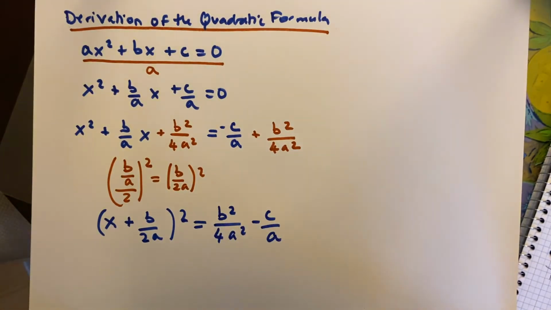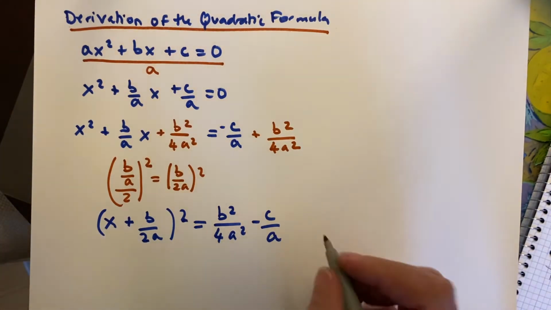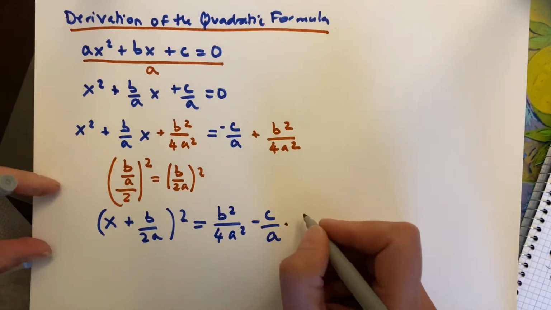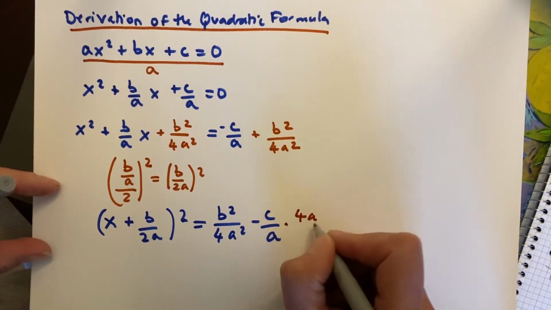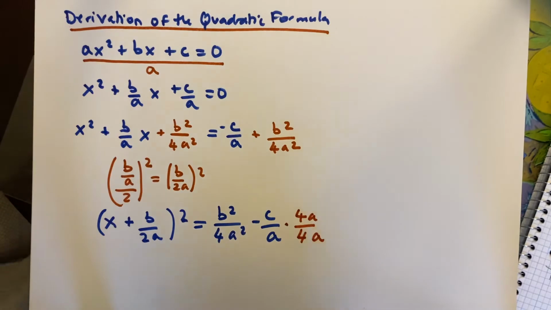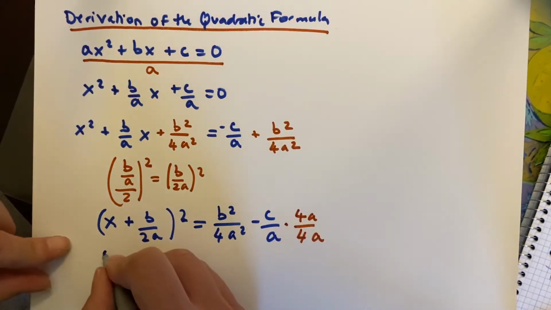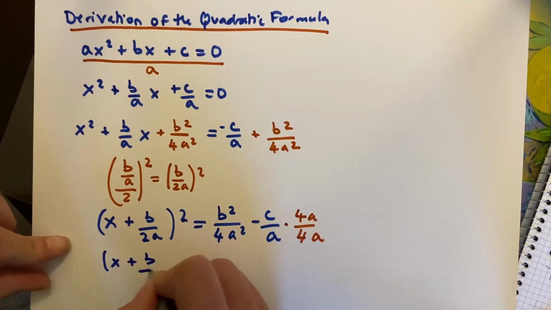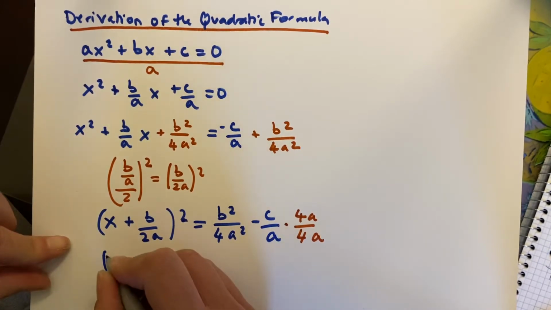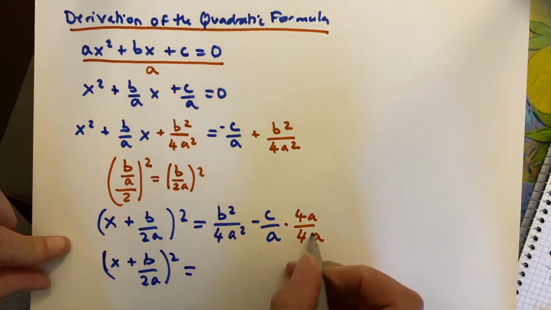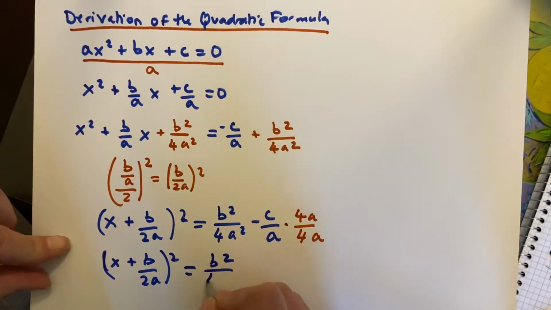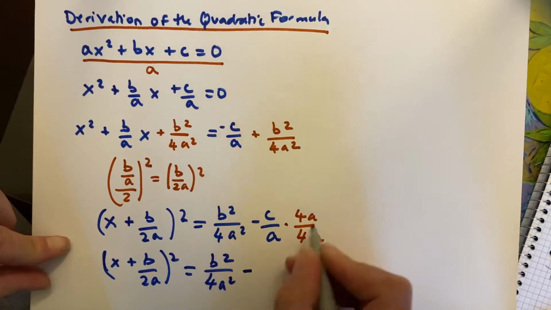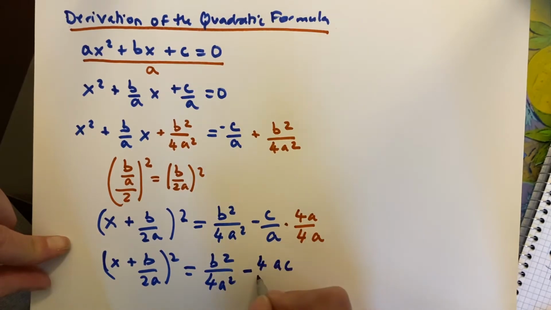But I want a common denominator on this side. And because I want a common denominator, I'm going to multiply top and bottom by 4a. So I'm going to leave this as is, and b squared over 4a squared minus 4ac over 4a squared.